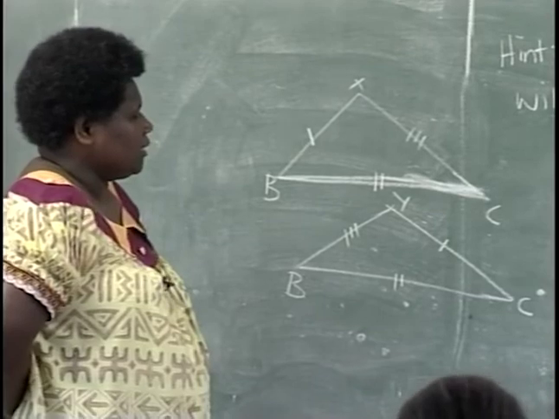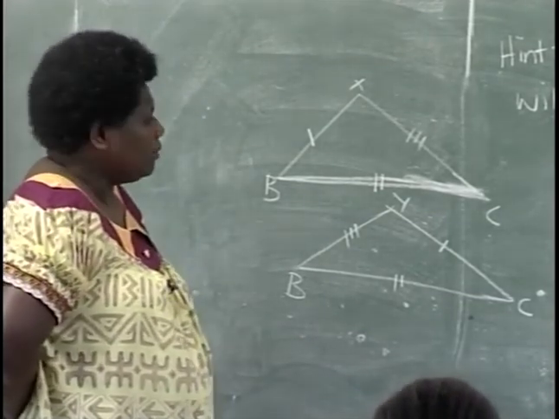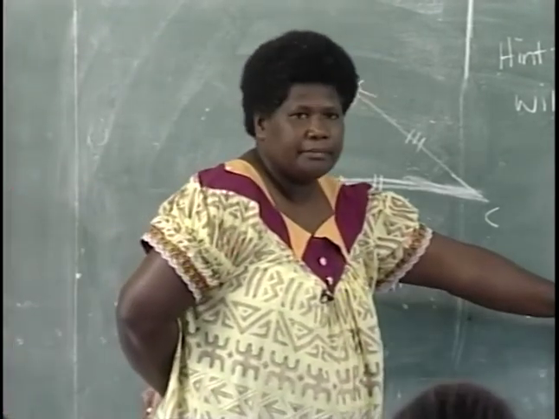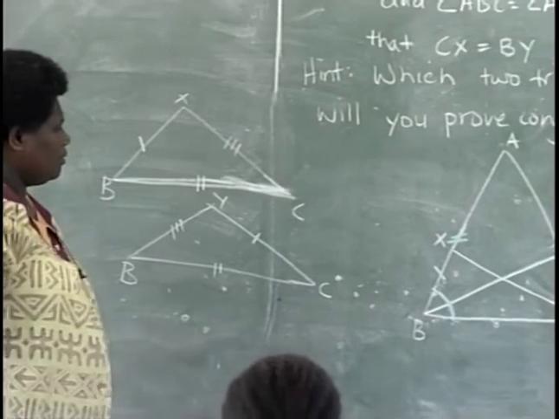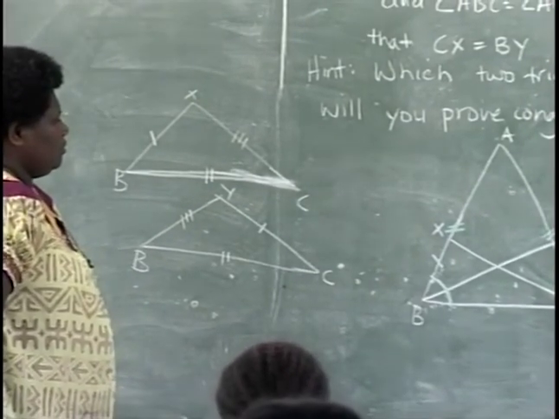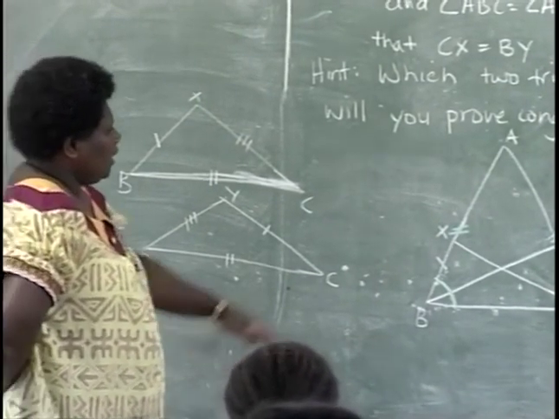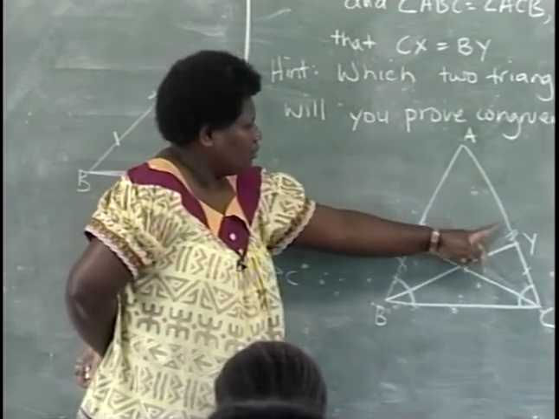Which angles are the same? You have to name the angle on this diagram. ABC and ACB. But that's talking about the big triangle. Yeah, but the lengths BX and YC are also the same. Okay, AX will be equal to AY.